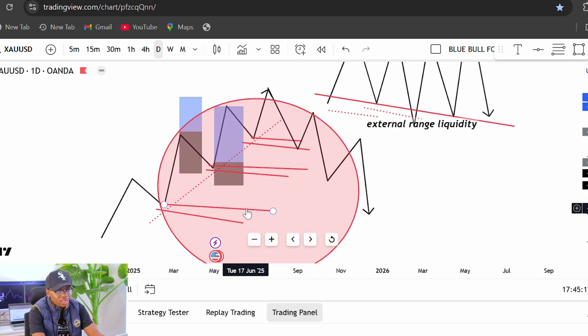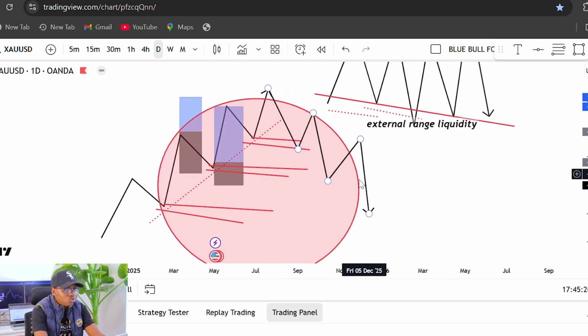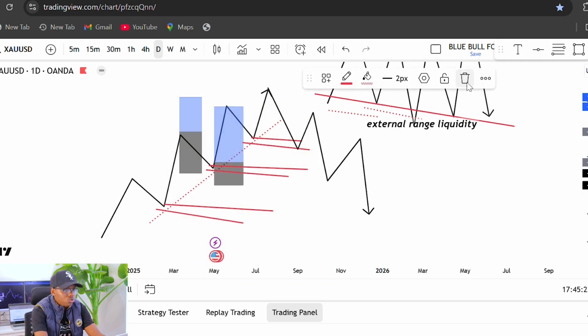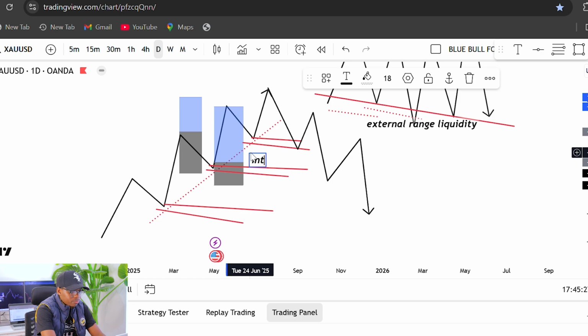The people did not close their entries and so on. So this liquidity that is found in between this particular market movement or between the pullbacks is basically the liquidity that we call internal range liquidity. Internal range liquidity. Ladies and gentlemen, that is how simple it is.